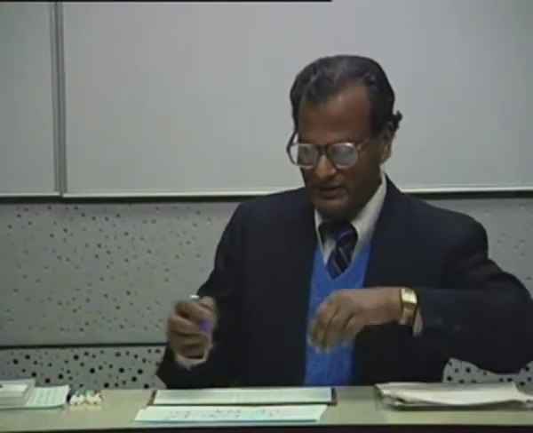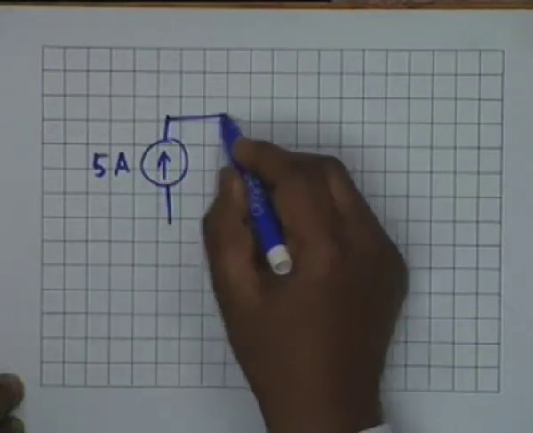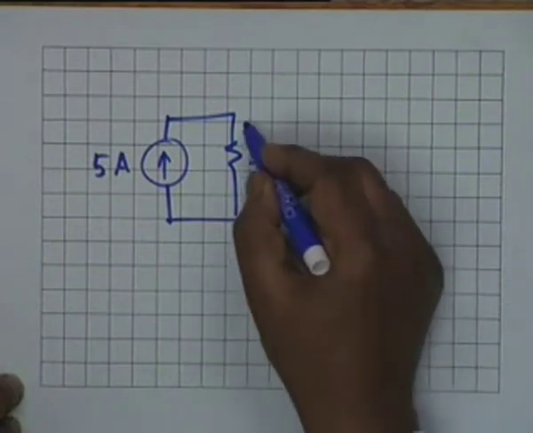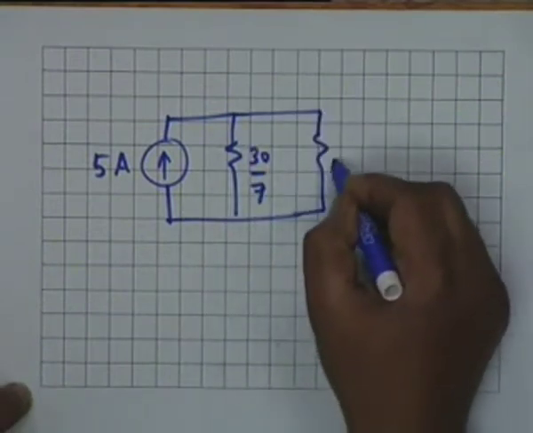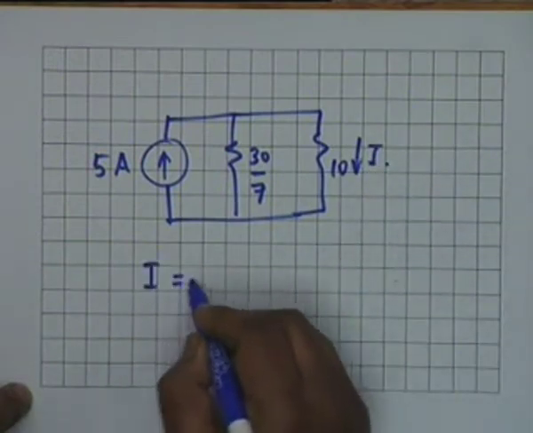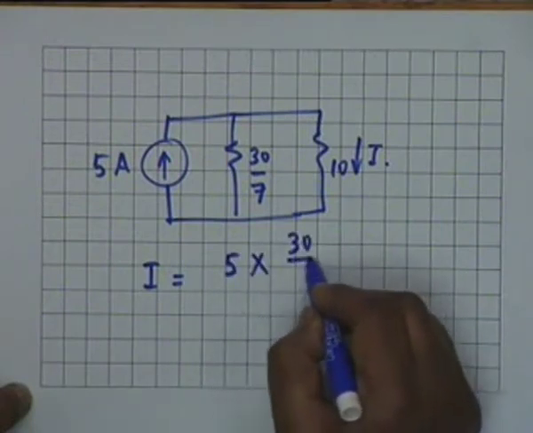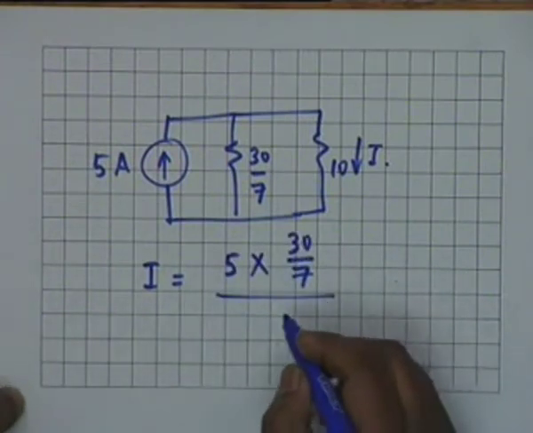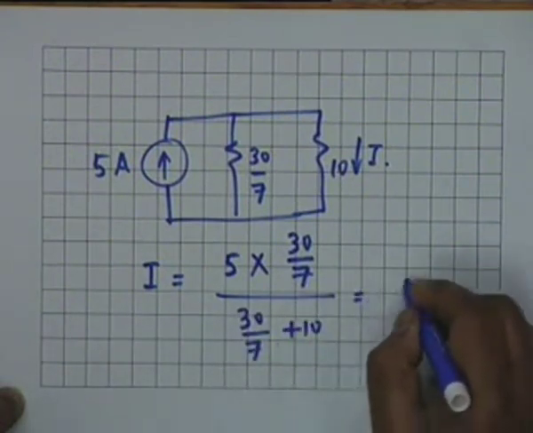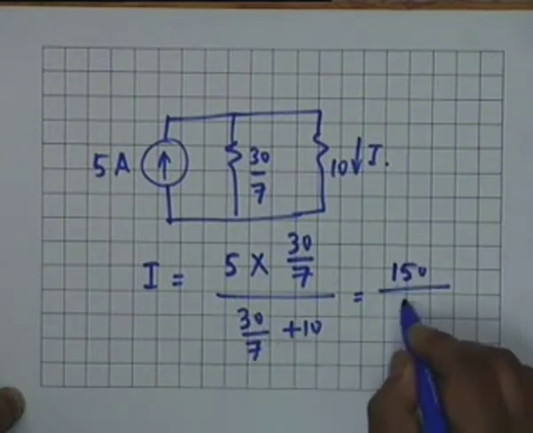Then the equivalent circuit becomes a 5 ampere source in parallel with a 30 by 7 ohm resistance in parallel with a 10 ohm resistance, and this is I. Therefore I can be obtained by inspection: 5 multiplied by 30 by 7 divided by 30 by 7 plus 10, which is simply 150 divided by 70 plus 30, 100.